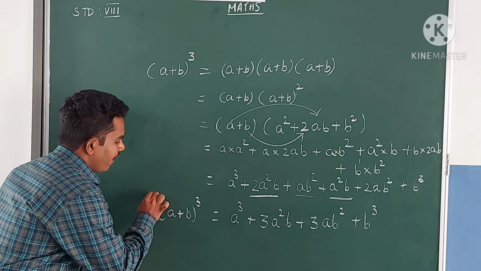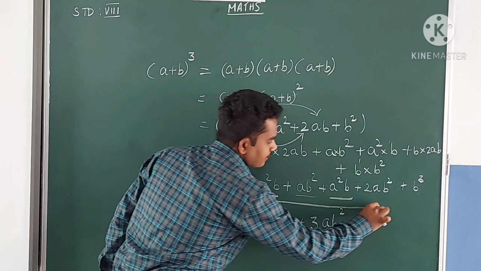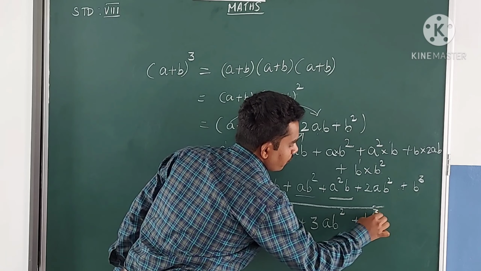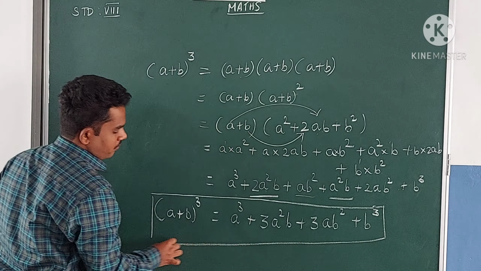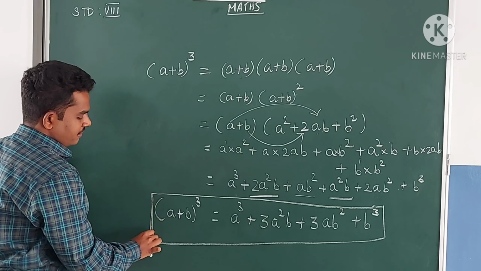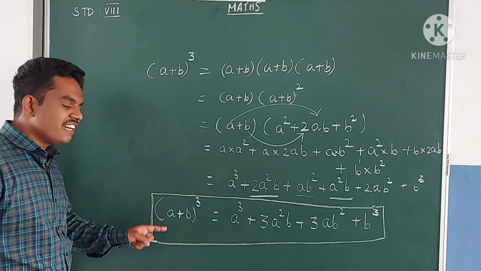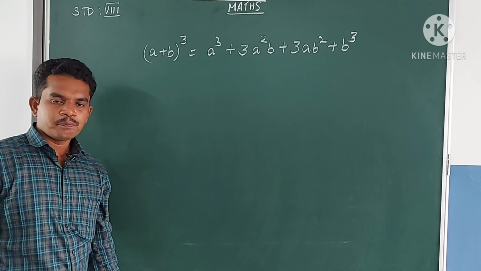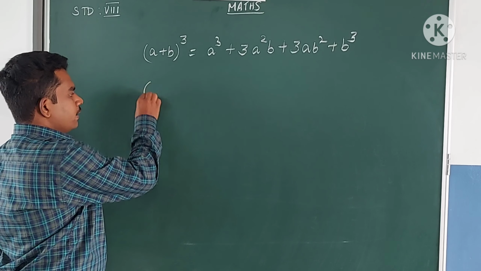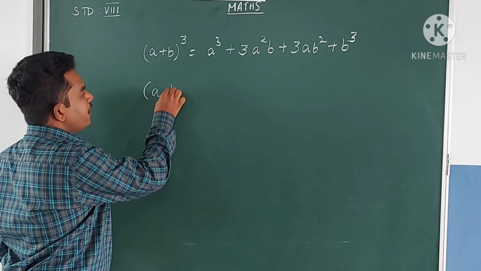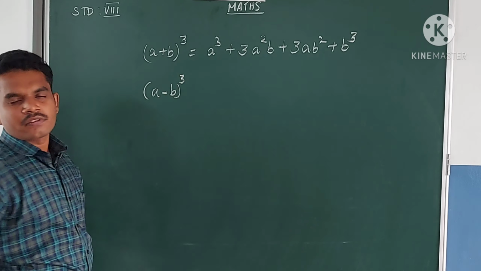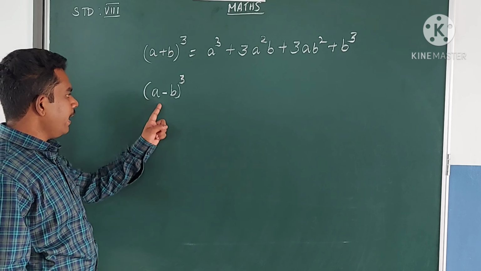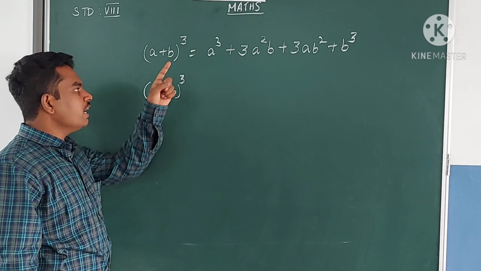This is the final simplified step. So this is the first cubic identity. The next identity, a minus b the whole cube. What? A minus b the whole cube.